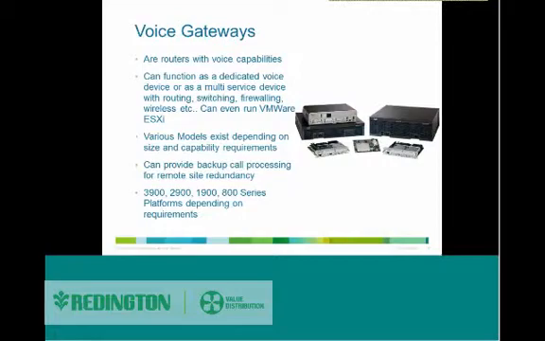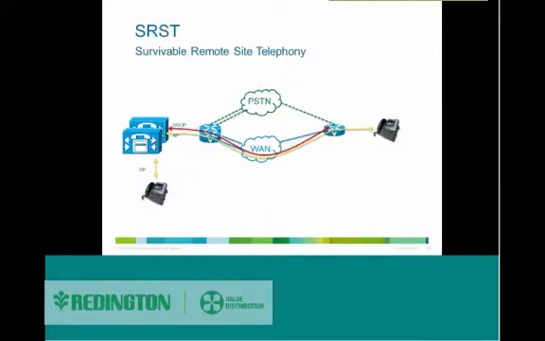And we have various router models available from Cisco. The normal voice gateway series starts at 2900 and 1300. This can provide backup call processing for remote site redundancy. The SRST functionality is normally called survivable remote site telephony.